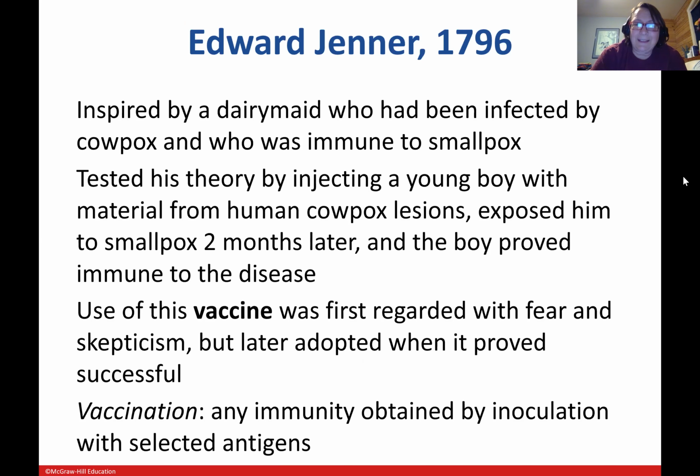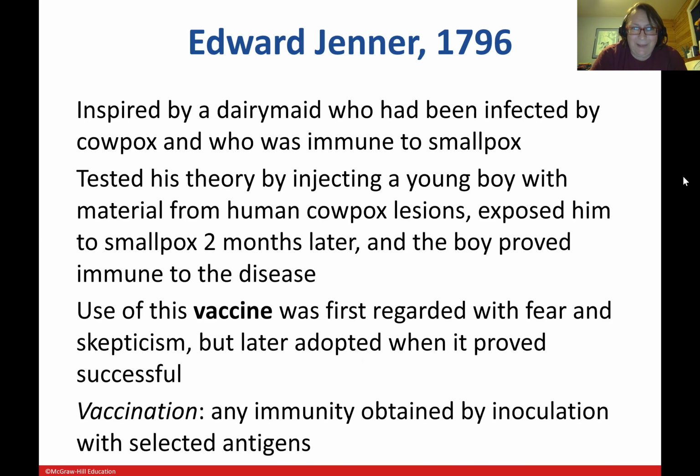He then tested his theory by injecting a young boy with human cowpox, and then exposed him to smallpox 2 months later. And the boy survived, which is great, but it violates every single tenet of ethical research in modern times.